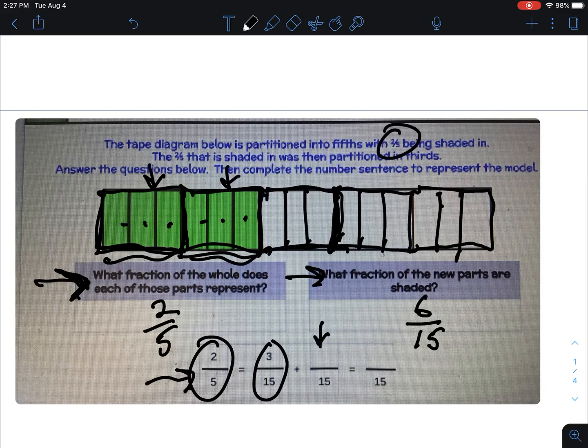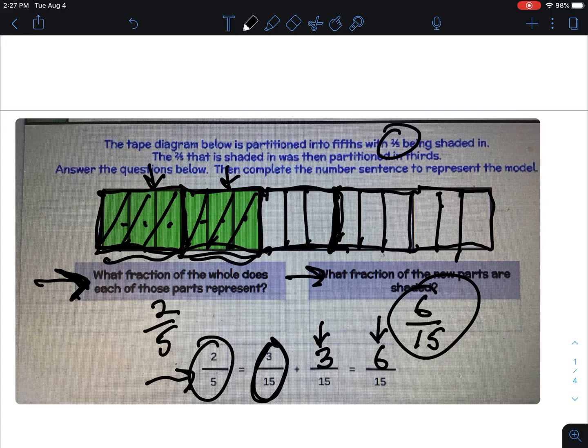Can you tell me the 2 numbers that would go here and here to finish the equation? All right, so we had 3/15, there's 3 of them, plus another 3, so that should be a 3, and then you just have to add, right? And plus we have the answer here. 3/15 plus 3/15 is 6/15.